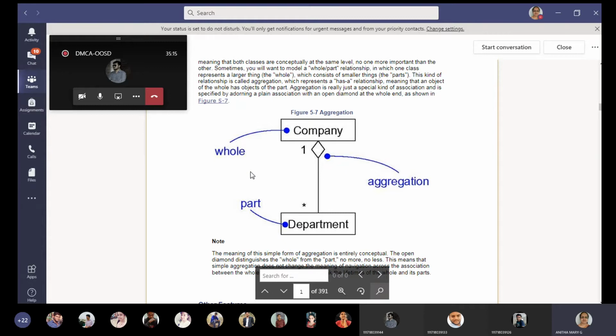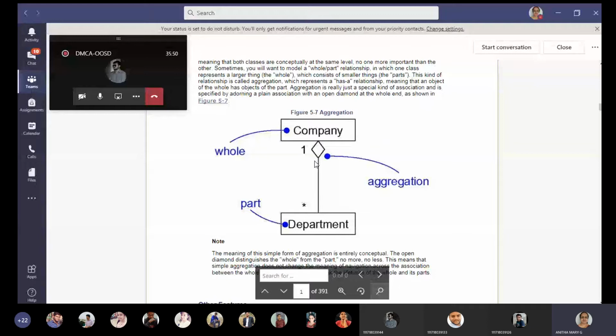But what are the sub things in it? We have admin and different departments. The main organization we call the whole, and the departments we have, we call them parts. So the aggregation definition: aggregation is a whole-part relationship, the entire organization and its parts, its subparts.